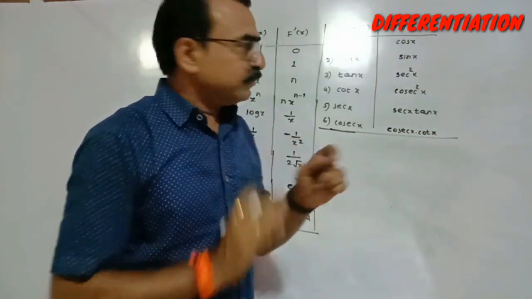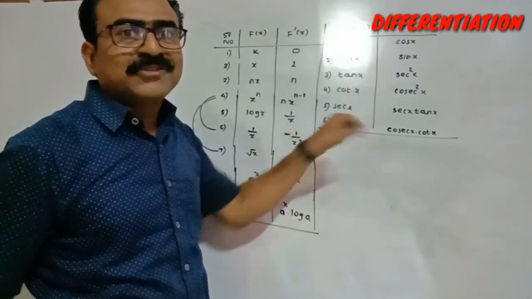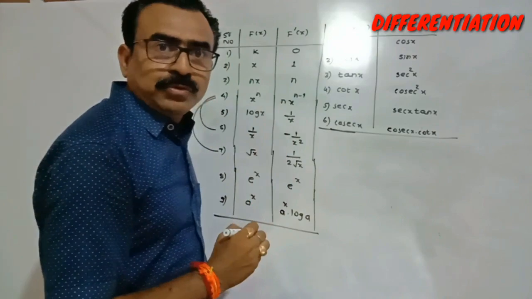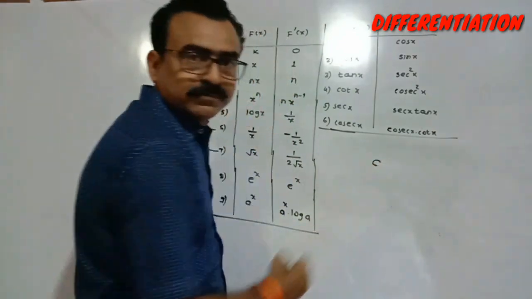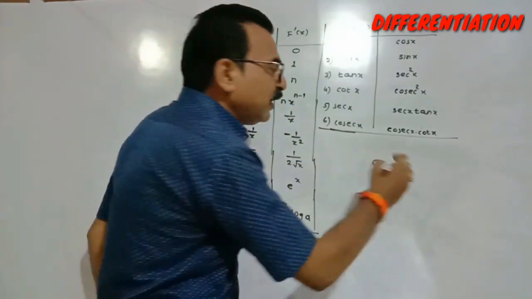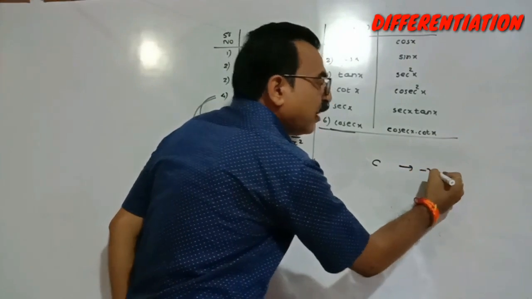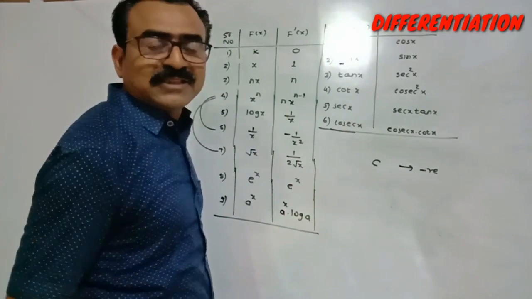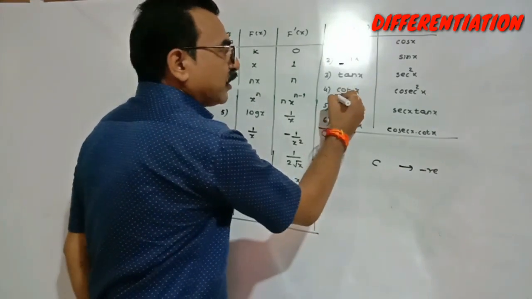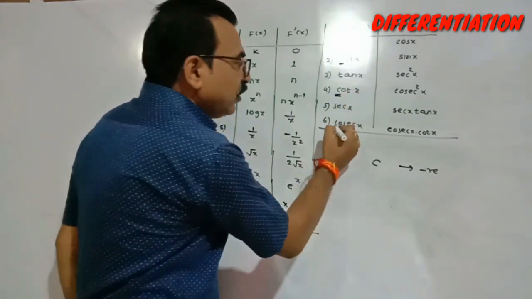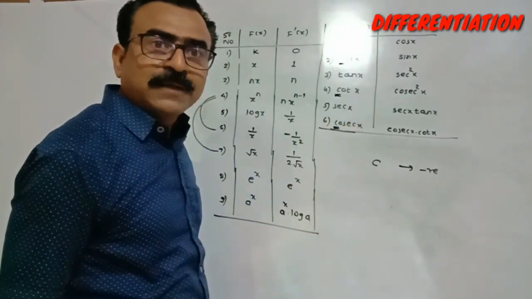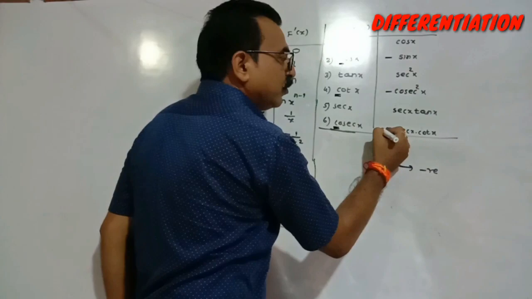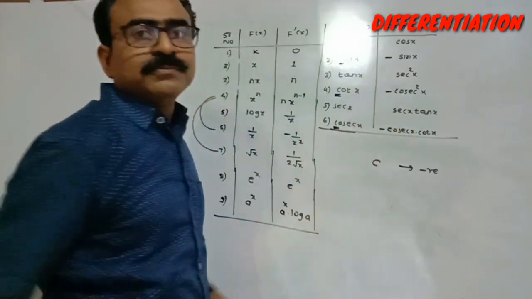Okay. Now write down the minus sign. Those trigonometric ratios which start with C, write down their derivative as negative. Means here cos starts with C, cot starts with C, cosec also starts with C. So write down minus.